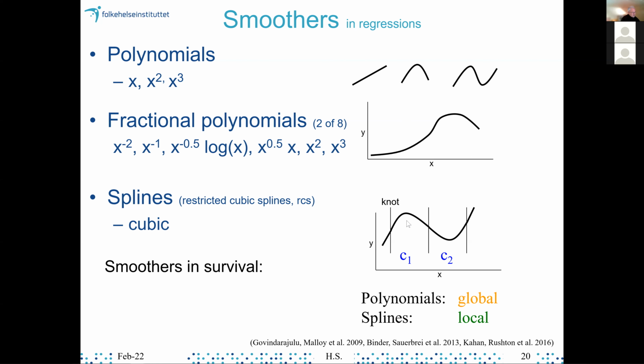With splines, you have more control of what's going on out in the tails. You can place your knots out in the tails if you like. And the estimation here is mostly determined by the data over here, not so much influenced by what is going on in other segments of the data. Okay, and that's just about this data.